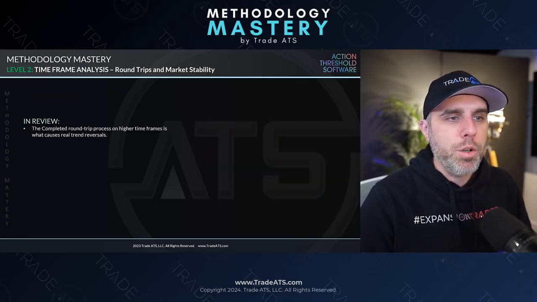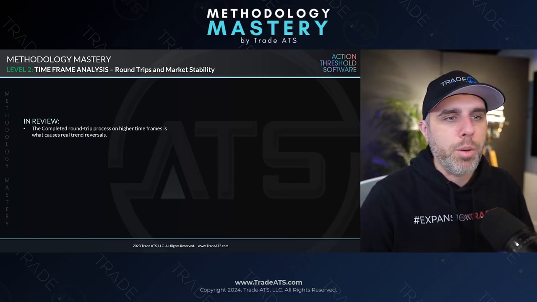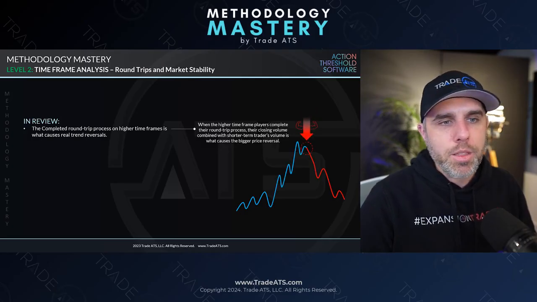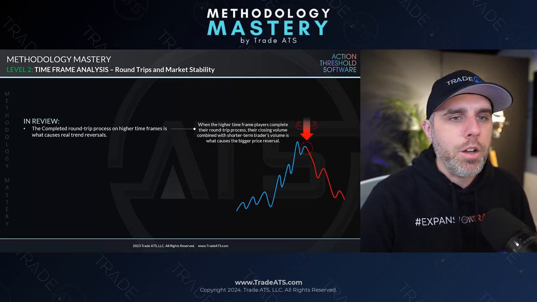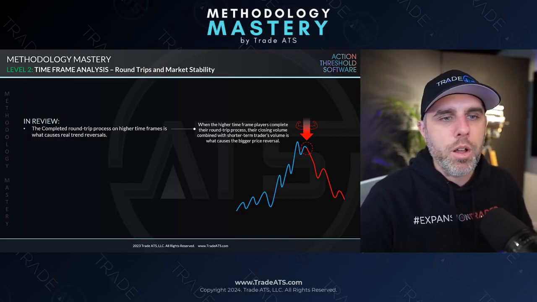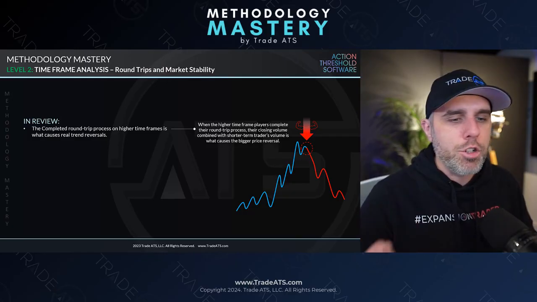So in review on this one, this isn't the end of the lesson, but a quick review. The completed round trip process on higher time frames is what causes trend reversals. When the higher time frame players complete their round trip process, their closing volume combined with shorter term traders' volume is what causes the bigger price reversal. The short term traders are also going to see the trend changing.